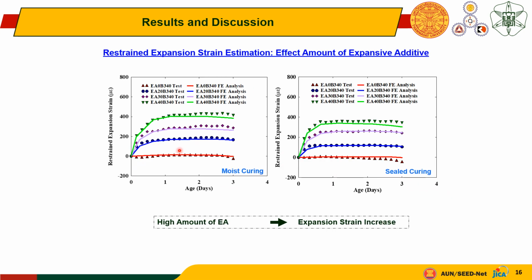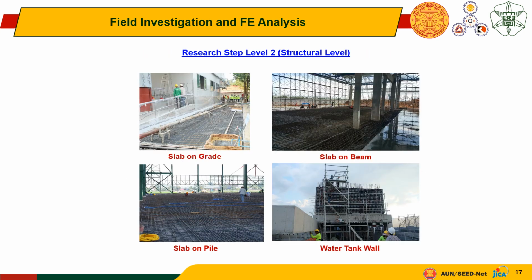And with the different amounts of EA, the finite element analysis can also predict precisely, both for moist curing and seal curing. After we can predict the restraint expansion at the laboratory level, we want to apply this reduction factor equation to the structural level.